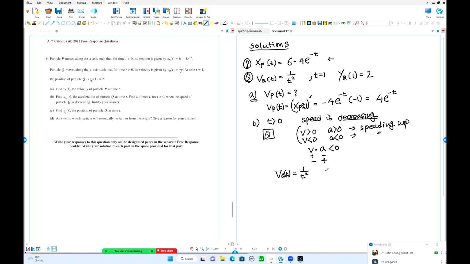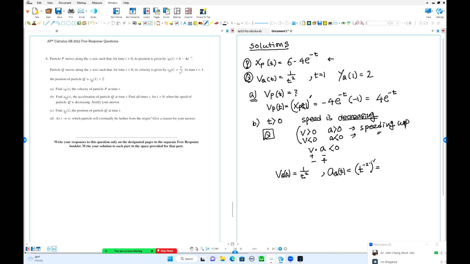The derivative of 1 over t squared again. I'm going to take this one in exponent form: 1 over t squared is t to the negative 2. We take the derivative, and that is the acceleration.